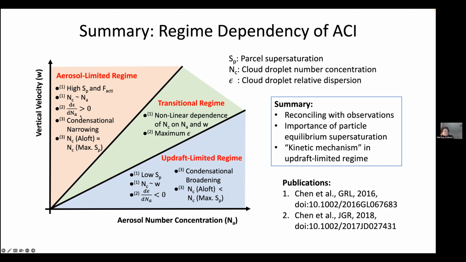I understand the first points for the two regimes. Sorry to ask, but what does the dispersion mean? It's positive for the aerosol limited regime and negative for the updraft limited regime, and it means the change of shape of the cloud droplet size distribution.